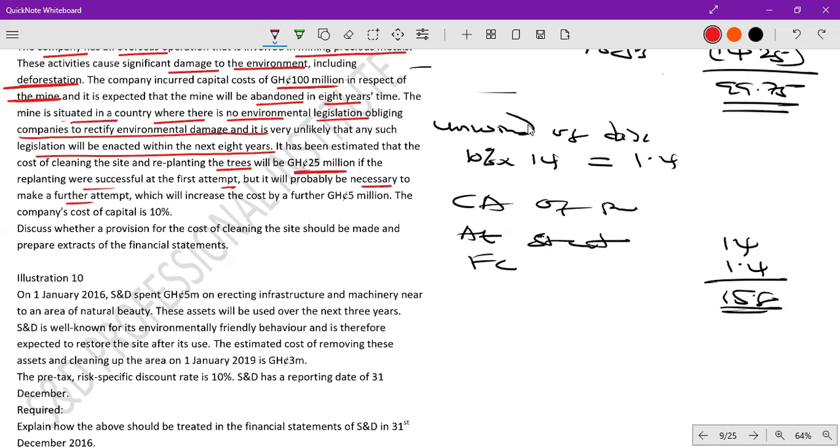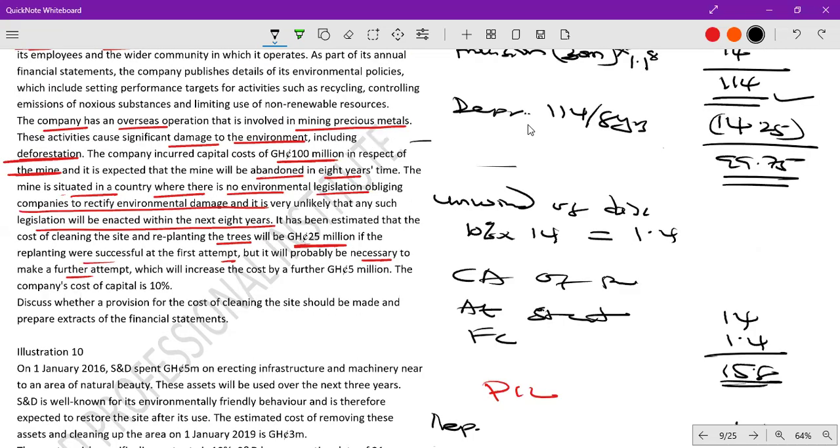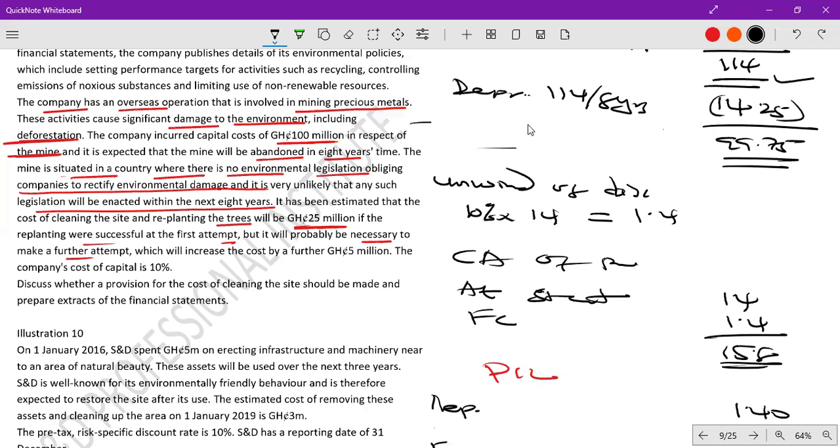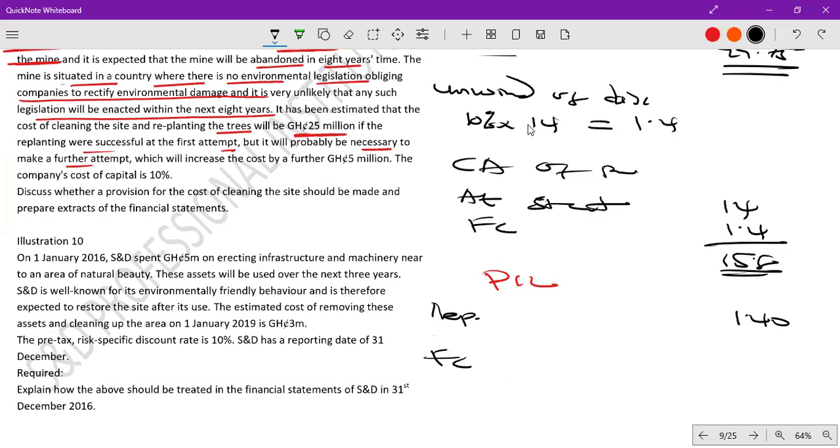So you do your P&L extract. Under the P&L, what should be there? Depreciation of 14.25, and then we'll have our finance cost of 1.4.